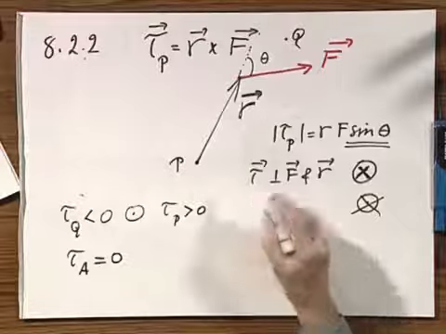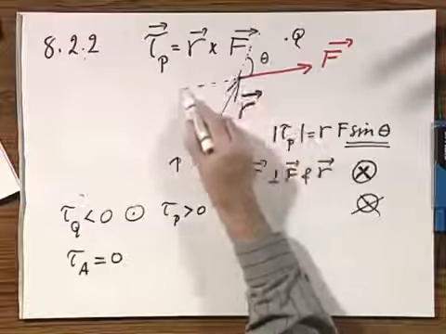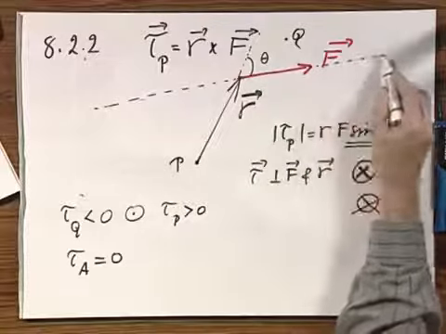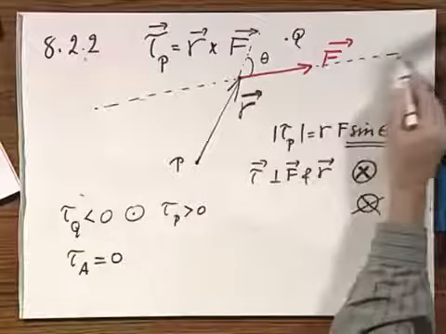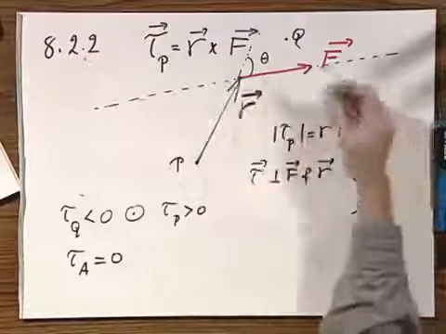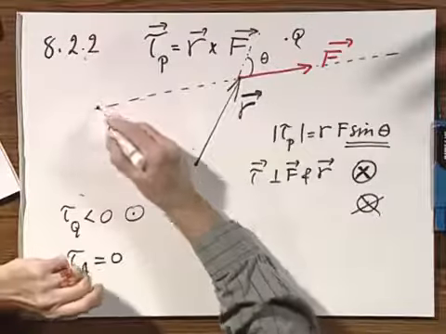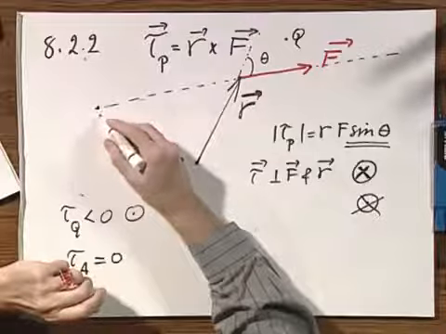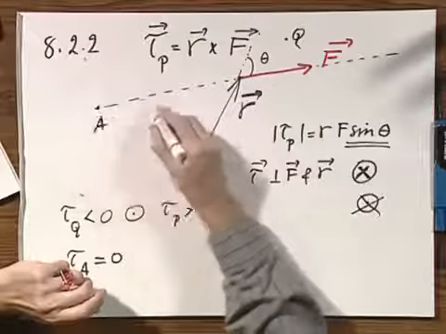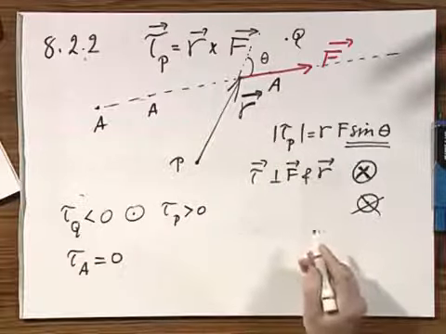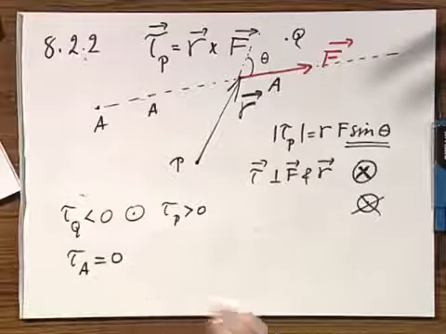For instance, if I draw a line here, an extension of what I call the working line. In high school I was taught that the line along which the force acts is called the working line. Any point A that you have, doesn't matter whether you have it here, or here, or here, it's immediately obvious that the torque is 0.